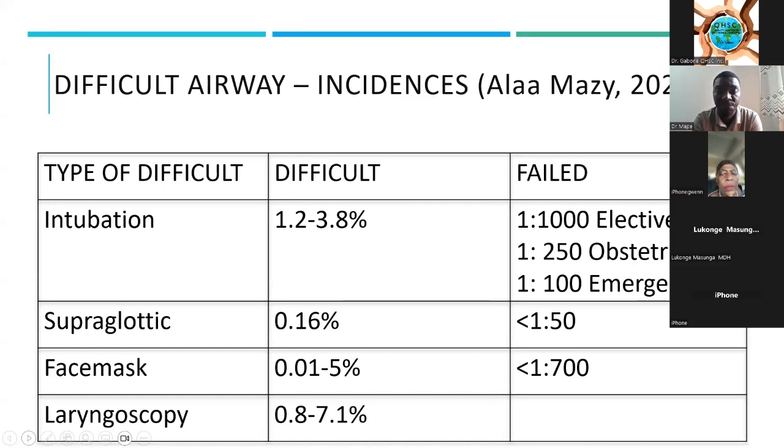We will continue. The high incidence is on difficult intubation. And I think the most important thing is to recognize that you have a difficult intubation before you get yourself into a situation. So make sure that you do a proper assessment of the patient prior to intubation attempts.